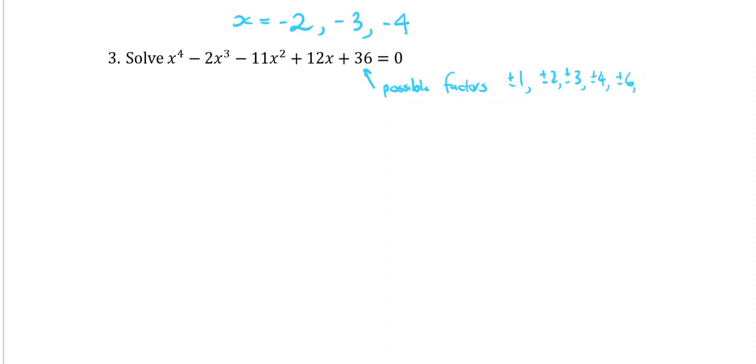Plus or minus 6, plus or minus 9. What else? Plus or minus 12, plus or minus 18, plus or minus 36. That's a lot of numbers to check, but we need two things to work. So we're going to start at P of 1, the very beginning.